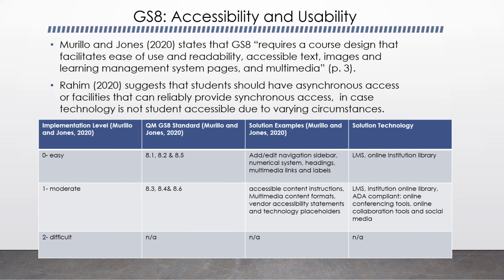For General Standard 8 on accessibility and usability, the easy standards to implement should include solution examples of adding, editing a navigation sidebar, numerical system headings, multimedia links and labels. For the moderate standards, they suggest accessible content instructions, multimedia content formats, vendor accessibility statements, and technology placeholders.